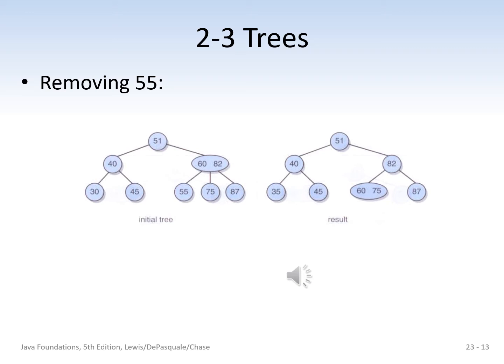So what happens is the 75 and the 60 get moved down and combined to become a 3-node leaf, and 82 is then a 2-node parent to the 3-node leaf 60, 75 and the 2-node leaf 87.